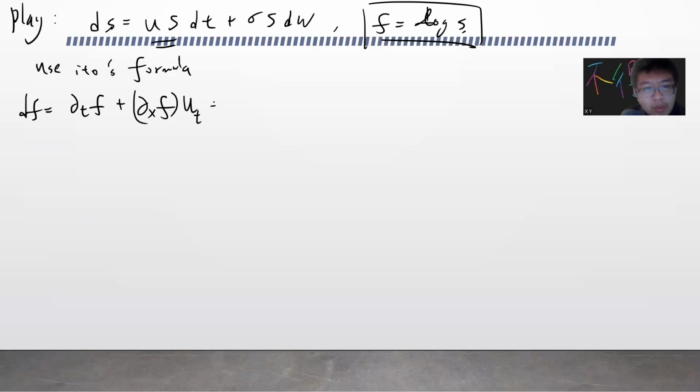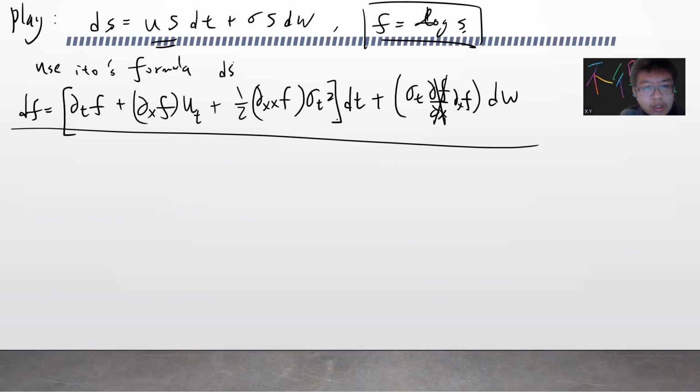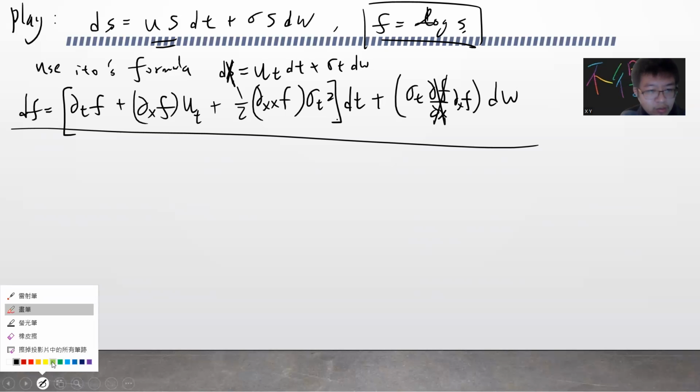So in this case, it will be mu t plus the second derivative, sigma t squared, dt, plus the term by dW, so sigma t partial x f dW. This equation is true for dx, where dx equals mu t dt plus sigma t dW. Okay, so this is Ito's formula. Let me just copy this.